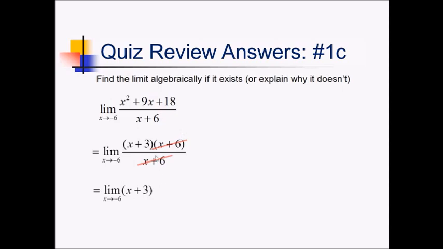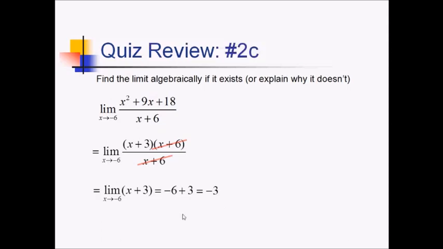And since we've crossed out the problem here, we can just go ahead and plug in -6 now. Now, you notice that you have to keep writing limit until you actually plug in a number. Once you plug in this -6, now we're just dealing with a straight-up function value, which happens to correspond with the limit. So this is just -6 plus 3, which is a limit of -3.